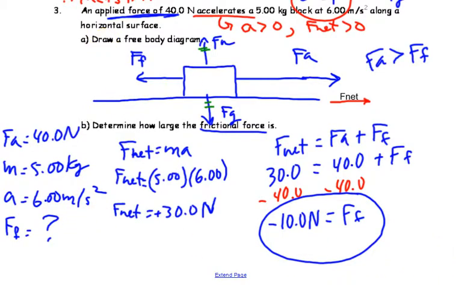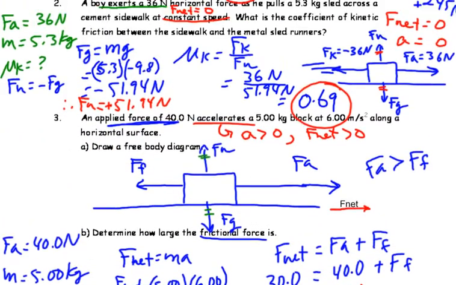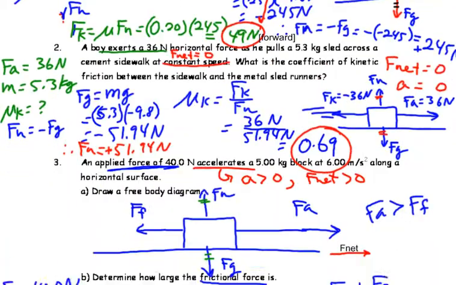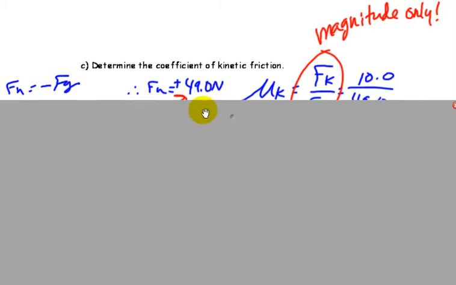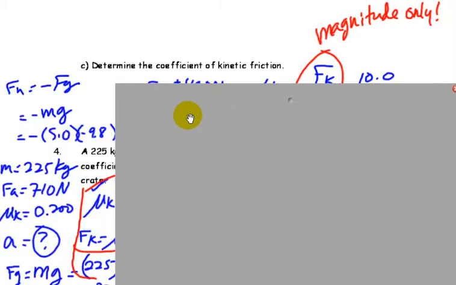Okay, so the key things here: figure out if it's a situation that's involving constant velocity or acceleration. Write down the information you know, then come up with a plan to figure it out.